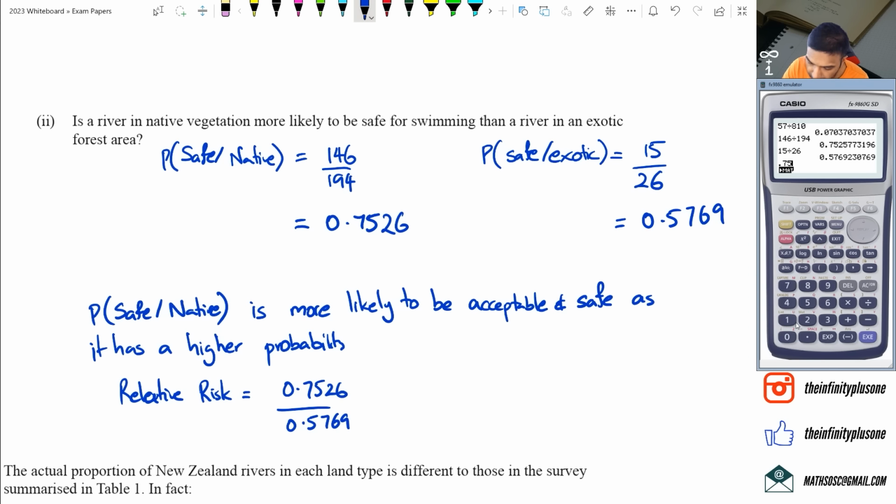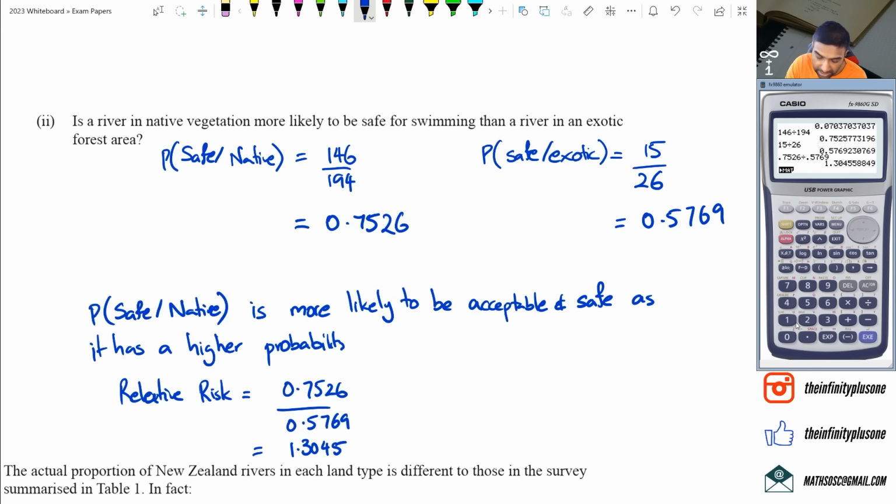Let's go 0.7526 divided by 0.5769. That's going to give me a relative risk of 1.3045, so 1.3045 times as likely. So that's another way you could talk about it.